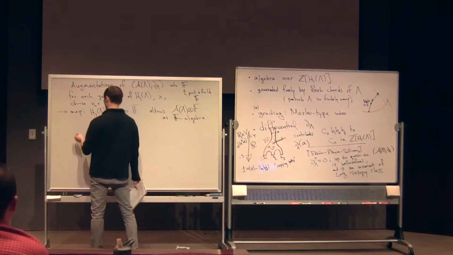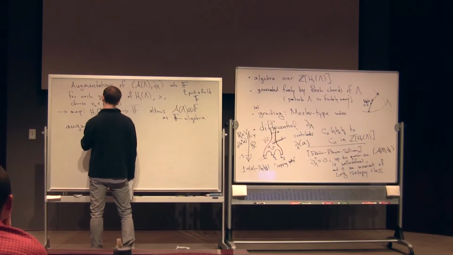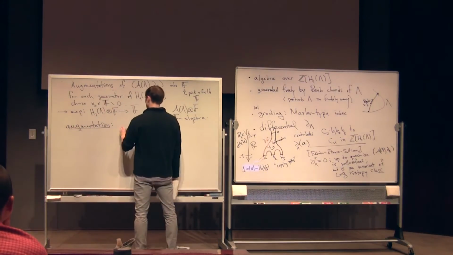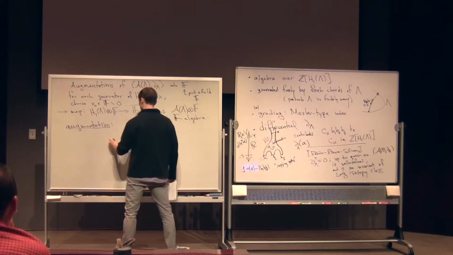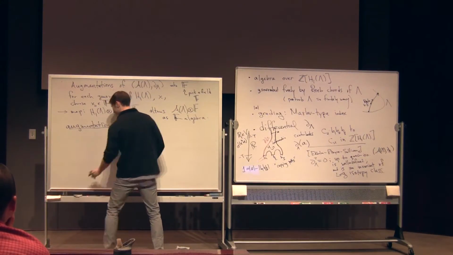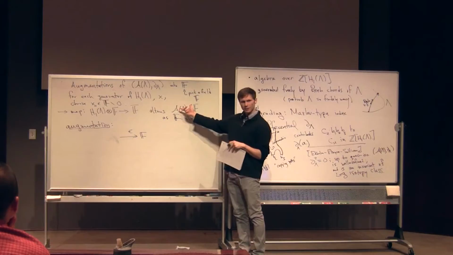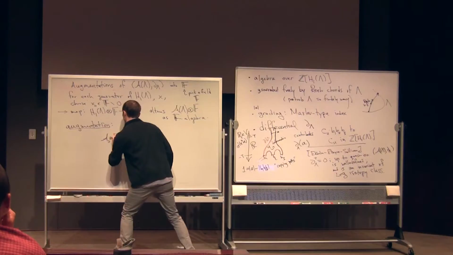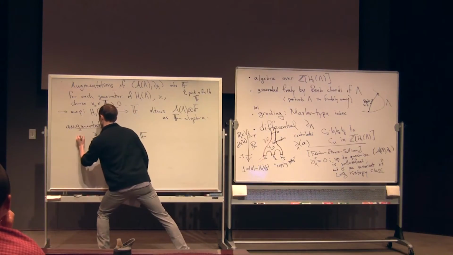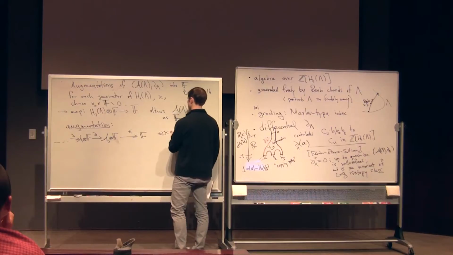Okay, and then an augmentation is a map epsilon into F such that if I take my subalgebra in grading 0 tensored with F, and then I look at my chain complex above that, this should be exact.